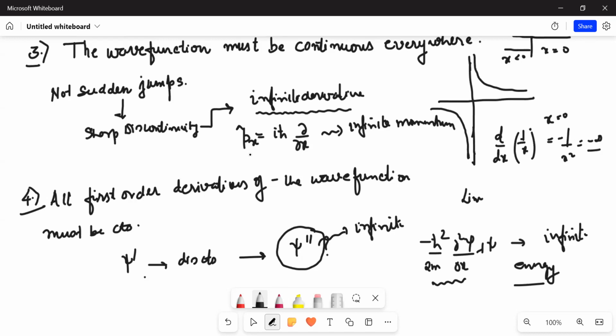We will see there are a few exceptions to this condition, but don't worry about it. Right now, we are just focusing on what the boundary conditions were. Okay, I hope this is clear.